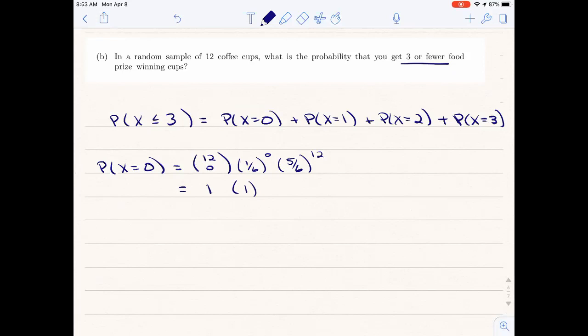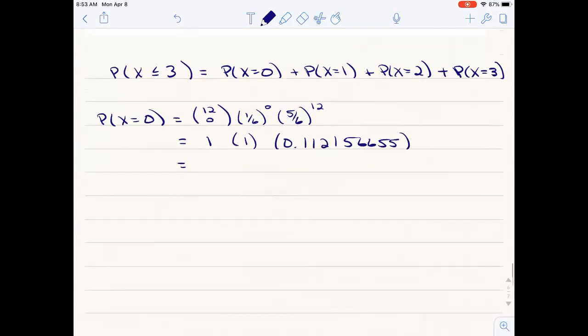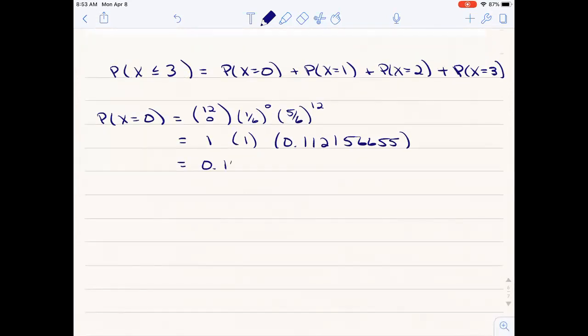So the only one we're concerned with is 5 over 6 to the power of 12, which is 0.112156655. I'm going to make a note that I'm storing this in 0, for X equals 0.